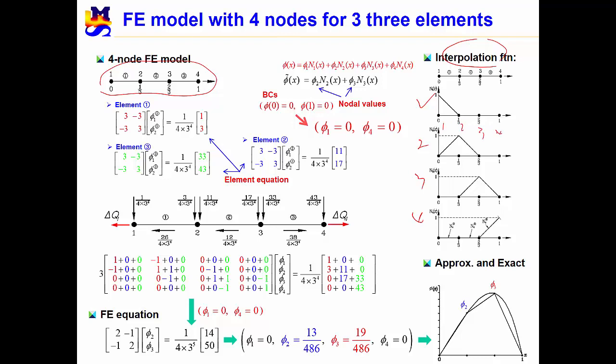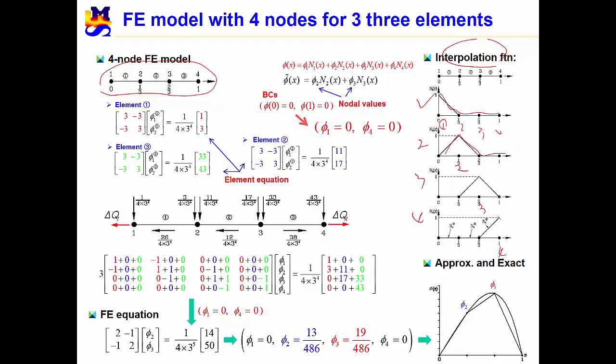You know, an interpolation function is sometimes called a shape function. That is the basis function in classical approximation methods. Each interpolation function has unit value at its associated node and zeros at the other nodes. And it is piecewise linear.